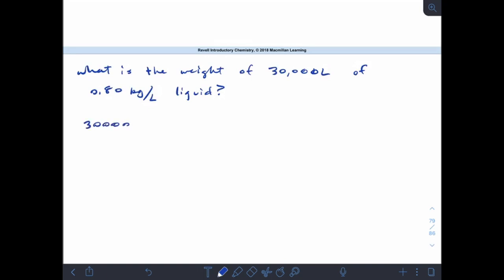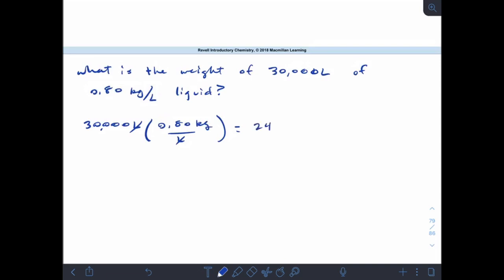So 30,000 liters, and we're going to use the density as a conversion factor. Our liters will cancel out and give us an answer in kilograms.